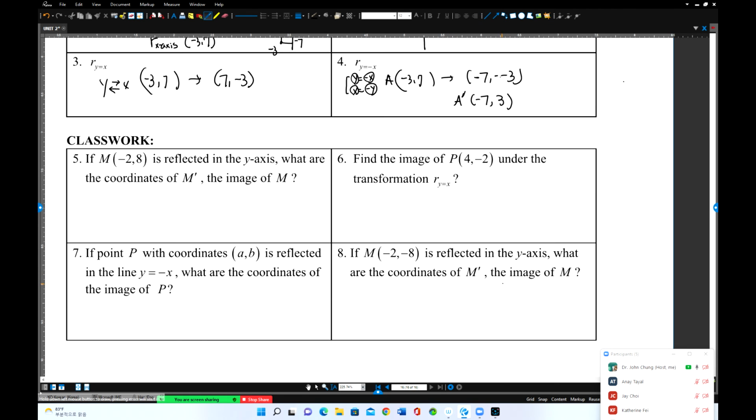A little more practice over here. M negative 2, 8 reflected over the y-axis. From here to here, what happens? Only the x coordinate changes to the opposite side. Y equals x, switch.